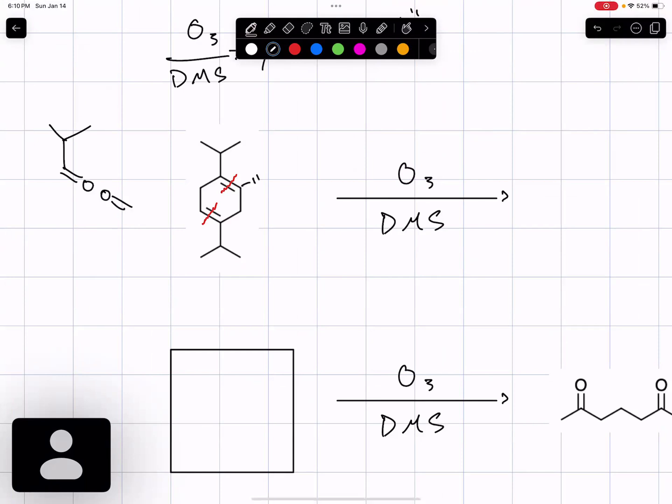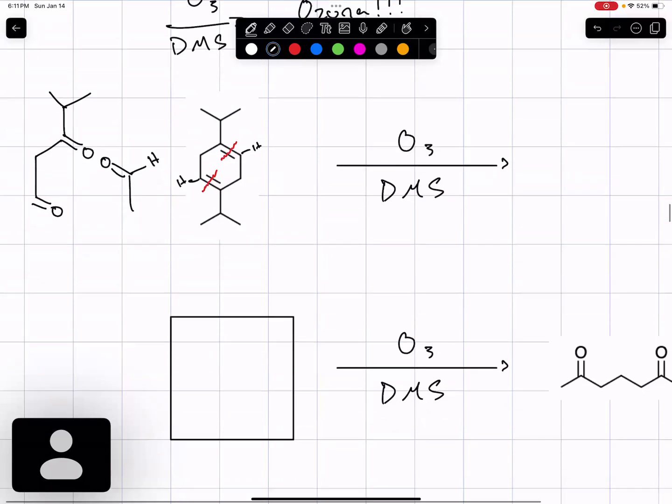At this point, this is a hydrogen, right? A hydrogen. And this would be here. There would be another carbonyl. This would be a hydrogen as well, correct? Let me move this just a little bit.